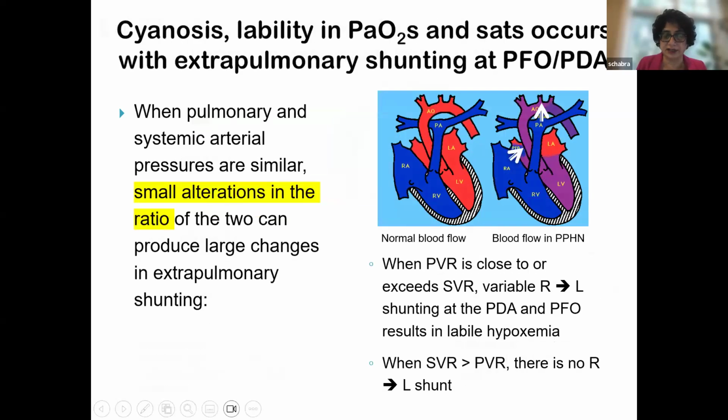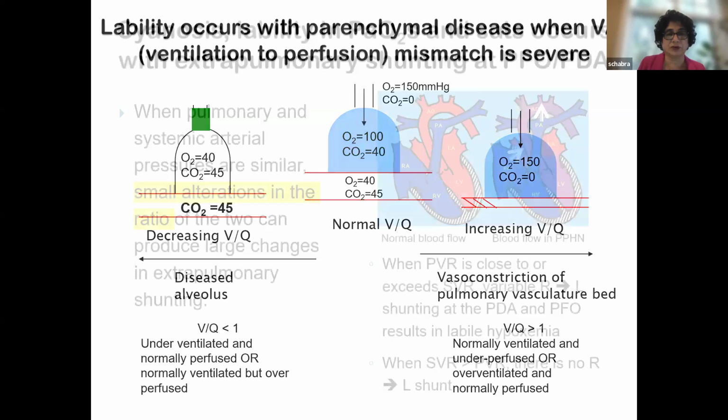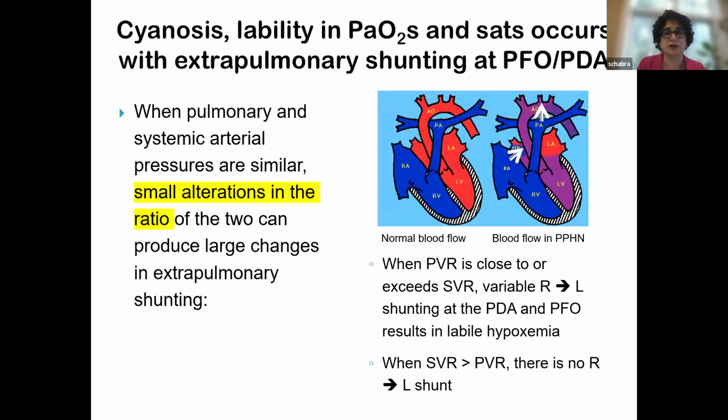And on the left side the VQ is less than 1 because of a diseased alveolus, where it is under-ventilated and normally perfused, or normally ventilated but over-perfused. And then you have the lability due to the extrapulmonary shunting at the PFO.